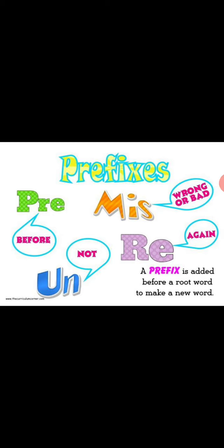Again, a prefix is added before or at the beginning of a root word to make a new word. The prefix examples are pre, it means before; mis means wrong or bad; re, it means again; and today you have learned to use prefix un, it means not.